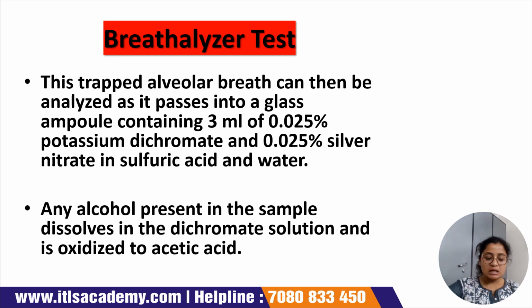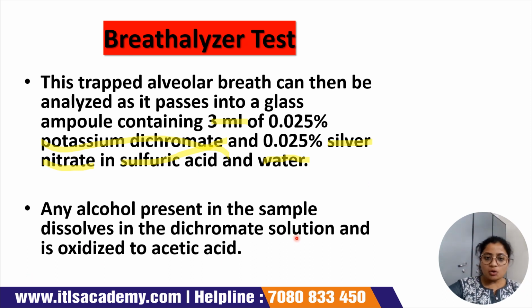I will just highlight this. Even if you cannot remember the percentages, it's okay, but you have to remember the components in the glass ampule which react with the alcohol, and also the amount, that is 3 ml. Inside the glass ampule there will be 3 ml of potassium dichromate as well as silver nitrate, present in suspension in a solution of sulfuric acid and water.